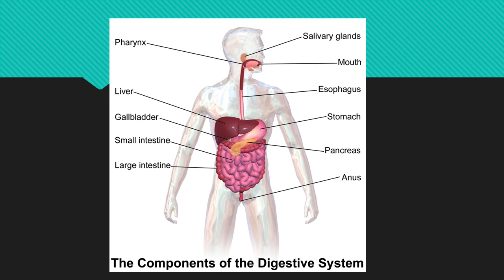Okay, so if you look, the large intestine is a lot bigger around than what the small intestine is. So that's what they're talking about whenever they say small and large intestine, is the diameter of the tube and not the length. I know that can get confusing sometimes, but that's how it's named. So just try to remember that, and hopefully it'll help you remember in the future.